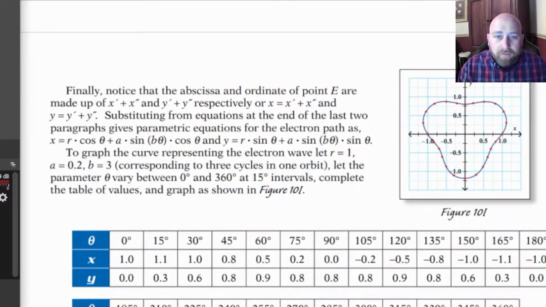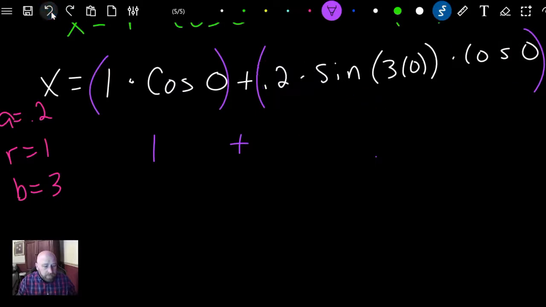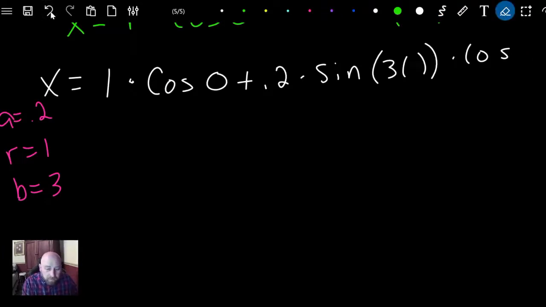So let's go back over to our computer and back up the truck just a little bit, and let's plug all this stuff in, except now everywhere that there was a 0 degrees, we are going to plug in 15 degrees. So cosine of 15, 3 times 15, and here again, cosine of 15.